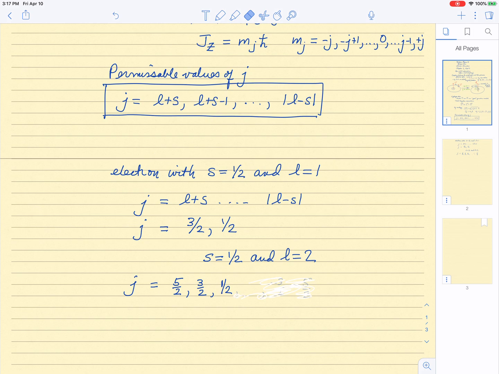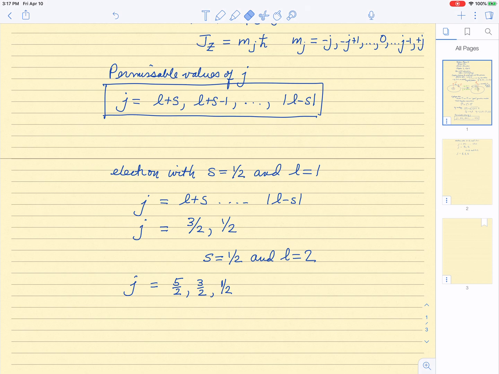There we go. Now we're good. Those are the permissible values of J, and you can go on and on with other quantum numbers.